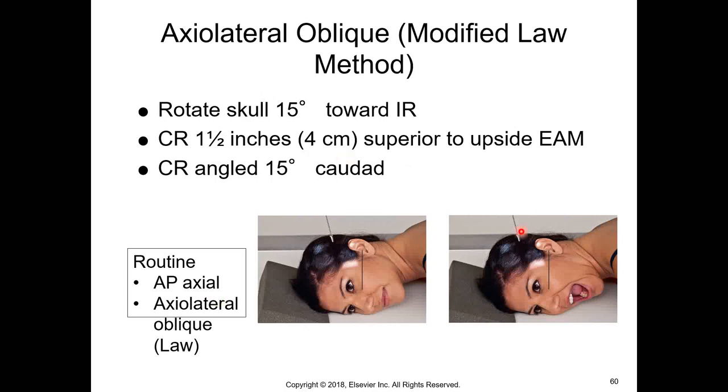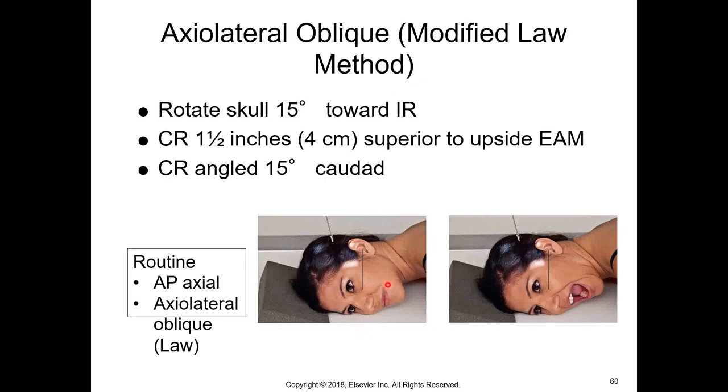Okay. These are probably the hardest projections for radiographers to remember. I don't know why, we just don't do them very often, but you want to remember with the modified Law for TMJ, you're rotating the skull 15 degrees towards the IR.